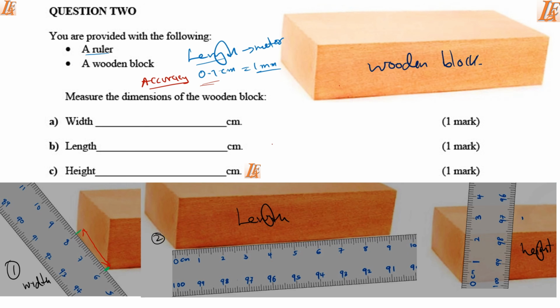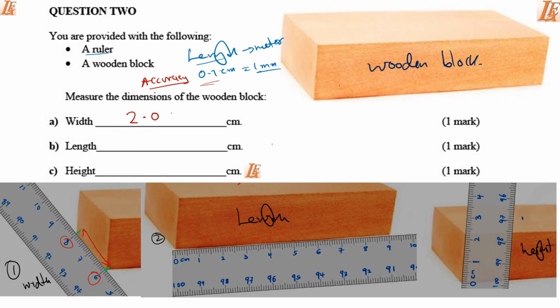Here we have 8 centimeter, and then here we have 6 and 8. So if you subtract the 2, you are going to get 2 centimeter. Therefore, here you record 2.0 centimeter. Why do we include 0? Because the accuracy of a meter rule in centimeter is 1 decimal point, or 1 decimal place.